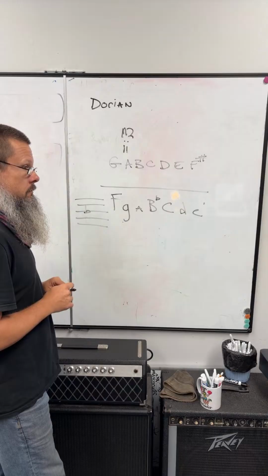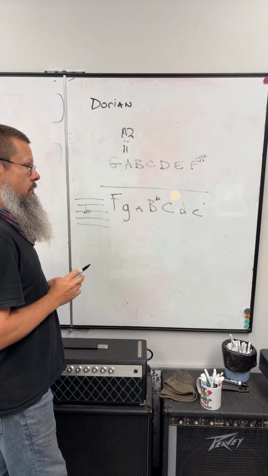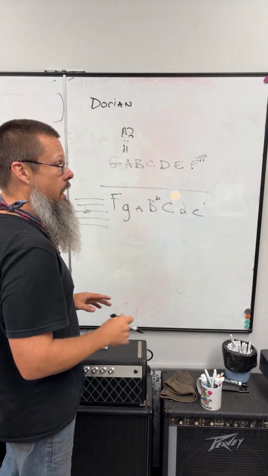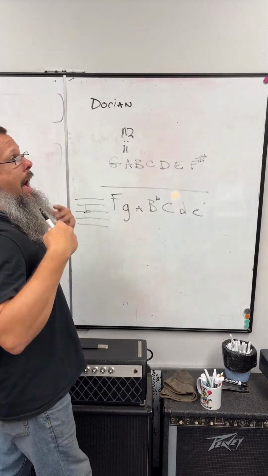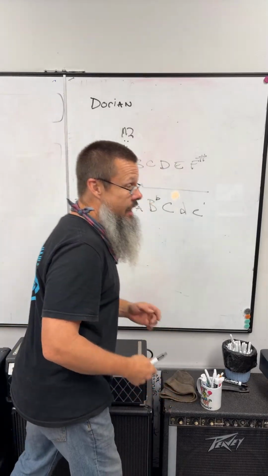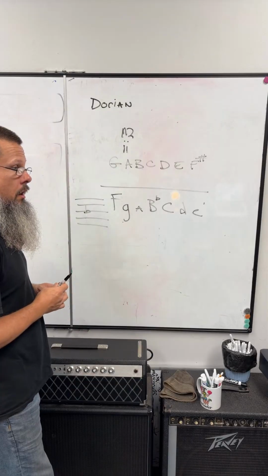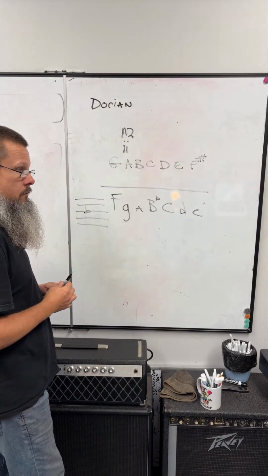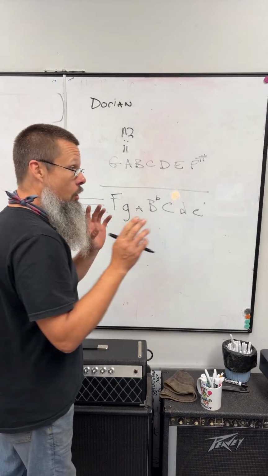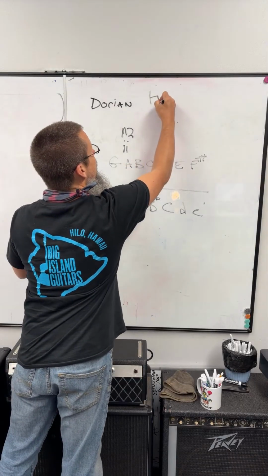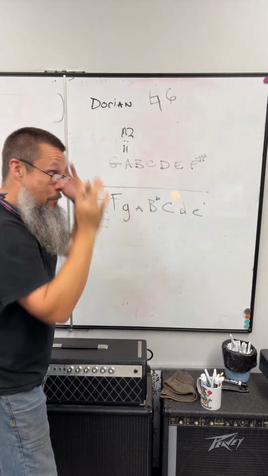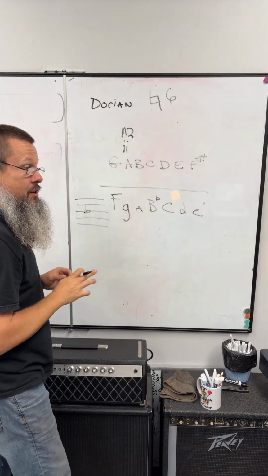So here's two ways to look at it. You ready? How do you turn any minor scale into a Dorian mode? You take the sixth note and you make sure that it's a natural. Wonderful. That is the perfect answer. That is the exact definition of what a Dorian mode is.